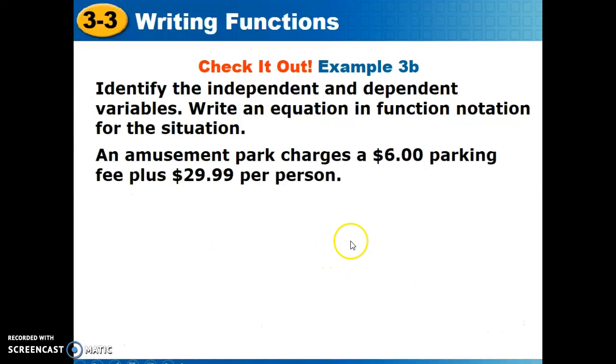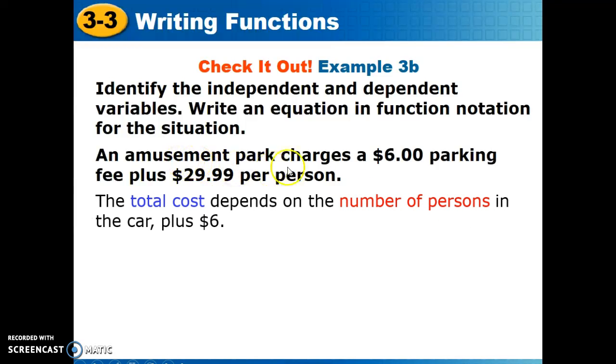Try Check It Out 3b, and then come back and check your answer. We can see the two things happening here are cost and number of people. The total cost that we're going to pay depends on the number of people in the car, and we have to pay $6 to park the car.